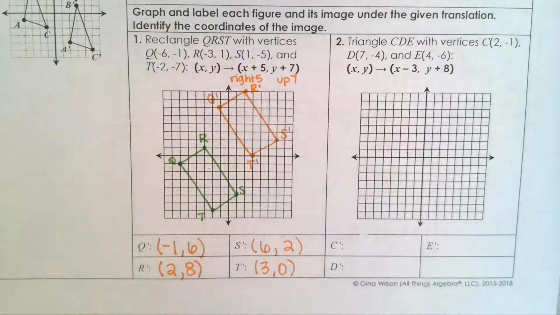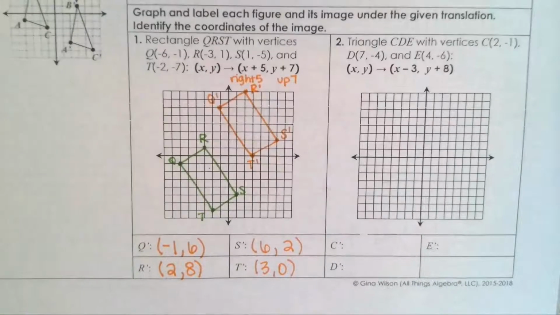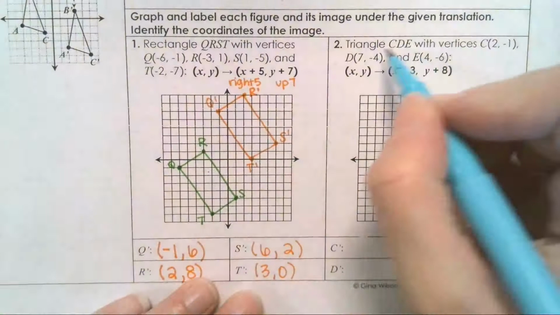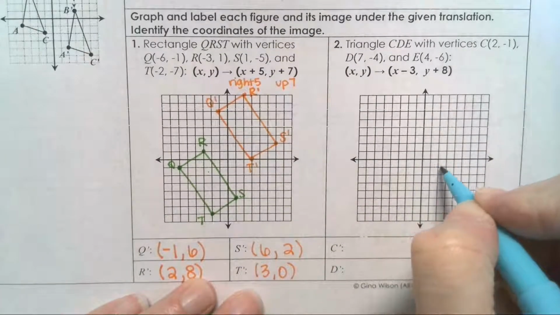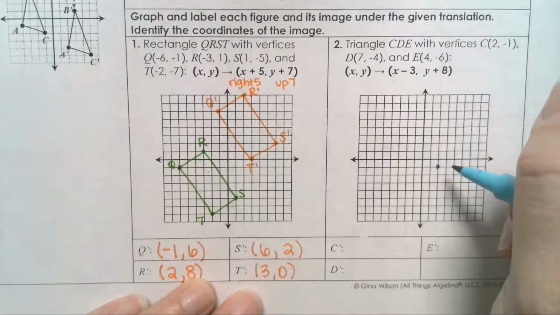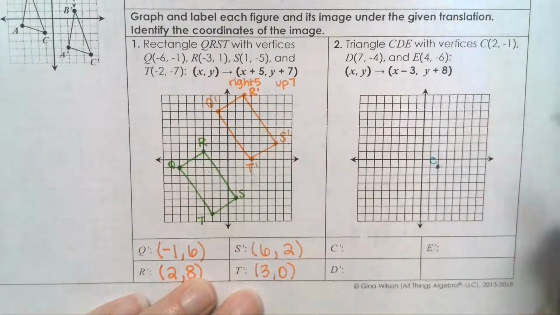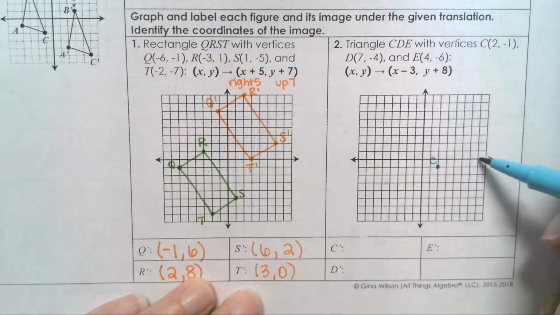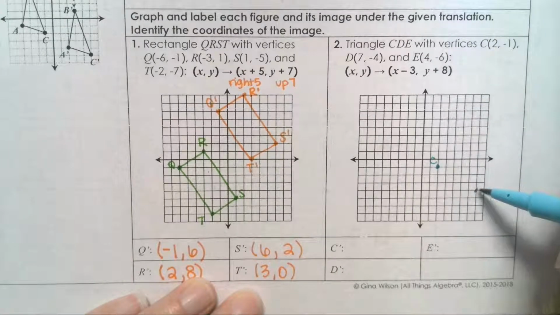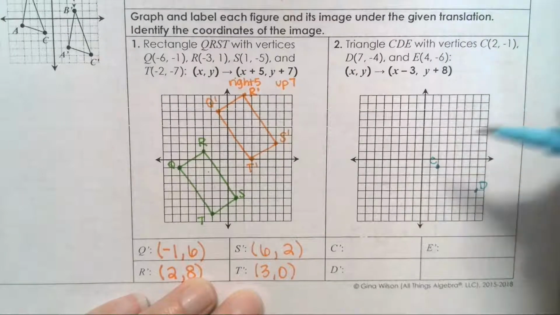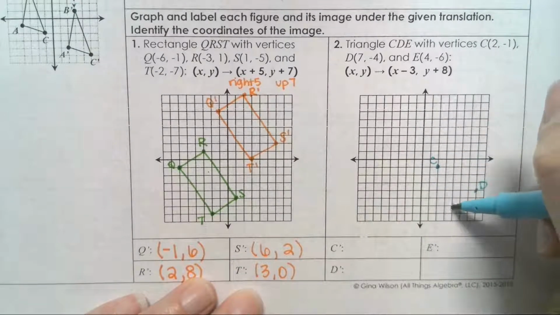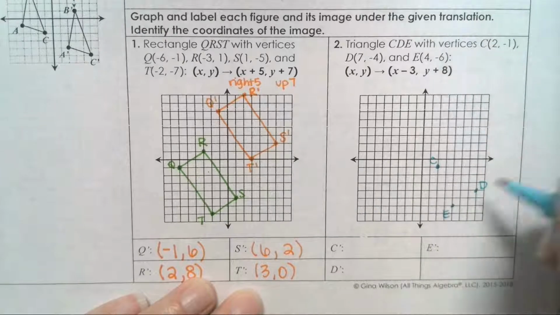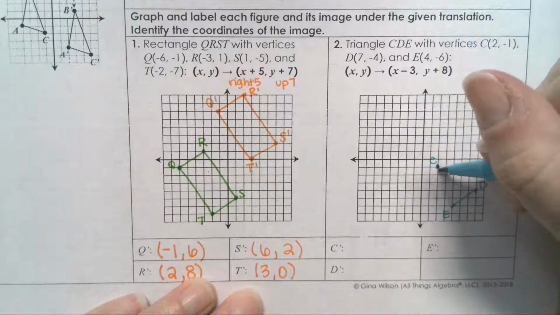Okay, let's look at example 2. Pick a different color here. So we're going to go ahead and graph our triangle CDE. So C is at 2, -1. D is at 7, -4. And E is at 4, -6. So here is my triangle.